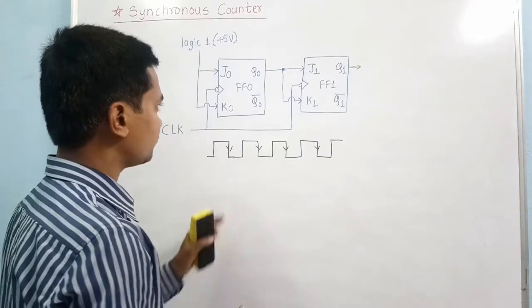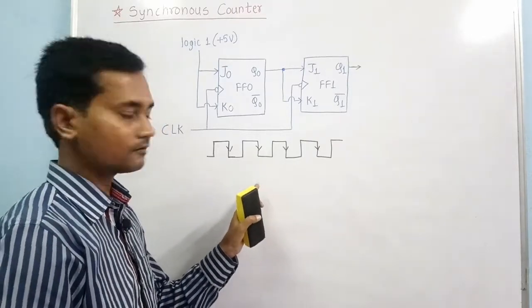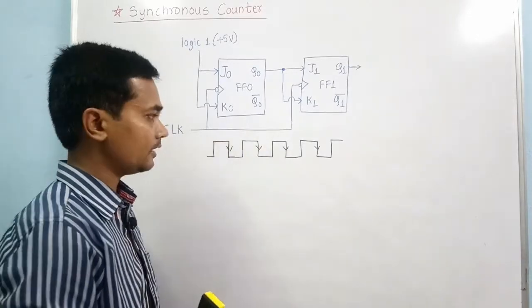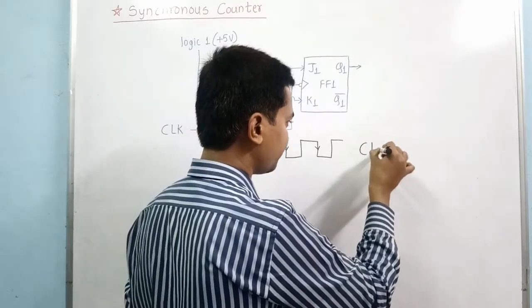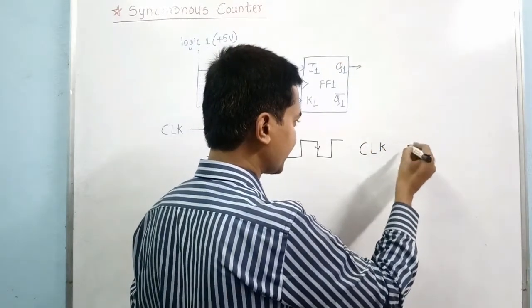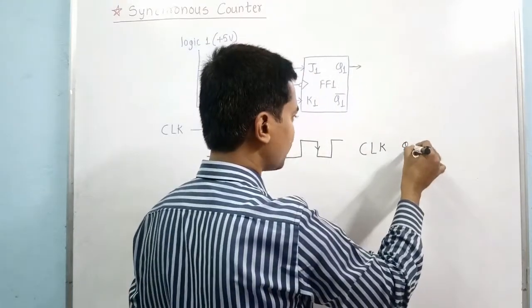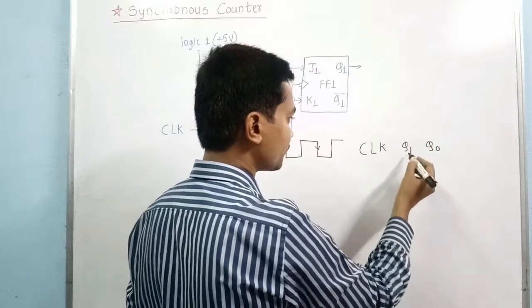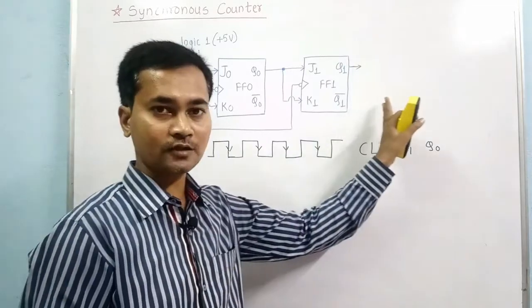Now if you want to draw the truth table or working of this synchronous counter, we will have three signals only. The first is clock, the second will be Q1, and next will be Q0, because Q1 is at the rightmost side.